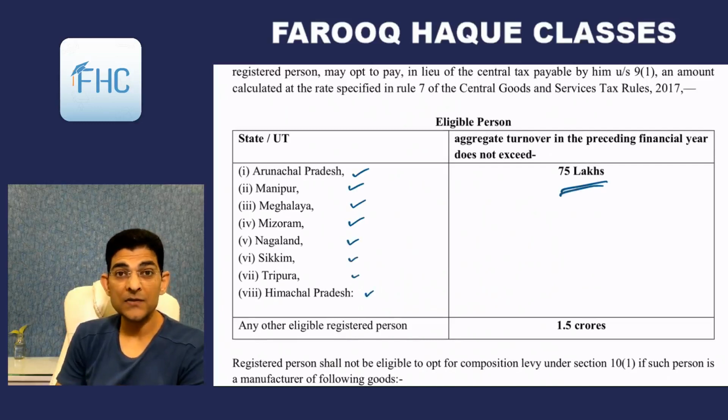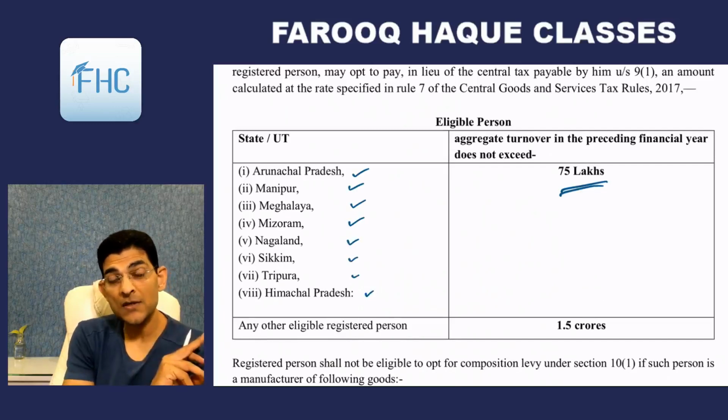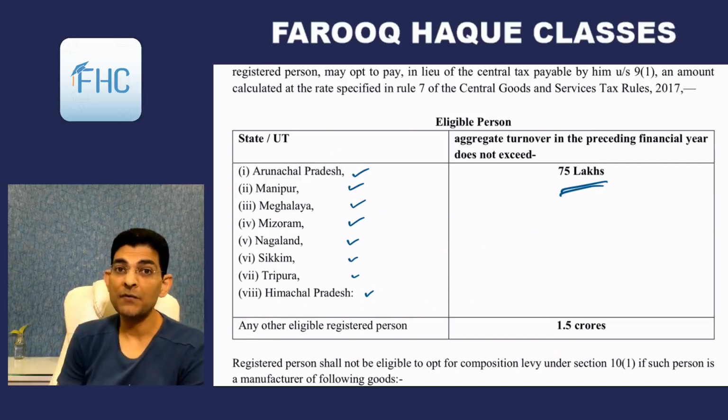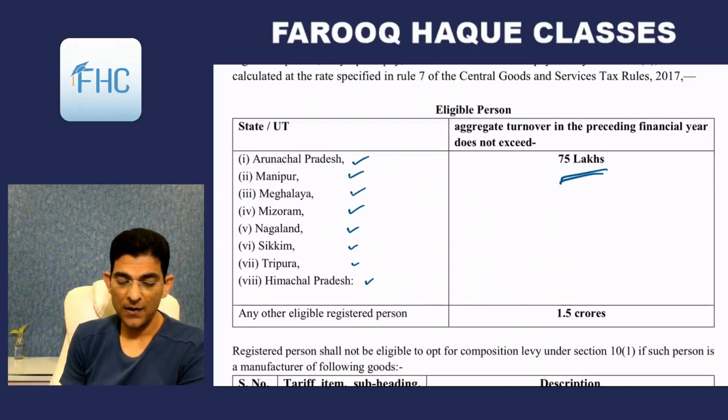The limit is 75 lakhs. The turnover that you have to see in the preceding year, if it is less than 75, then this year you can opt for composition scheme up to the turnover of 75 lakhs. And for all other states and union territories, it is 1.5 crores.